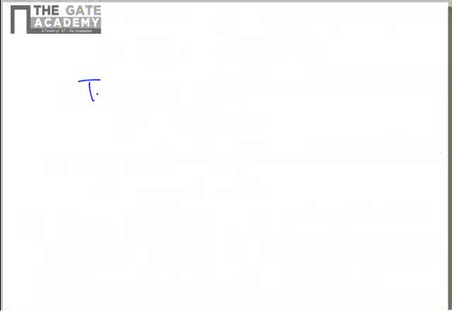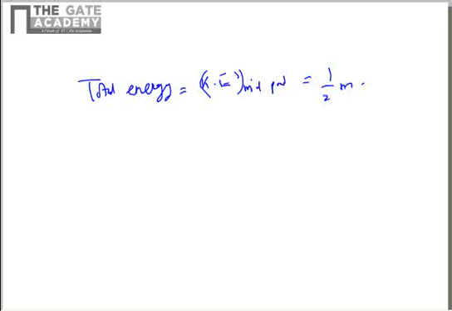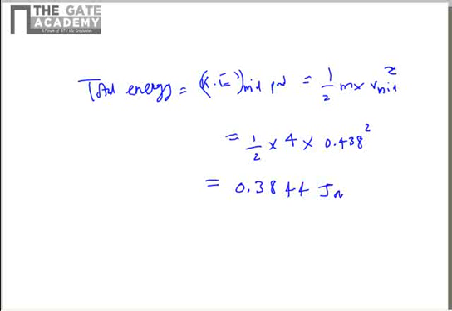So this will be half m, and velocity at mid position square. Mass we know is kg, velocity we saw is 0.438 square. So we'll get a value of 0.3844. These are SI units, joules. This is the total energy of vibration. So this is the answer for the part C.